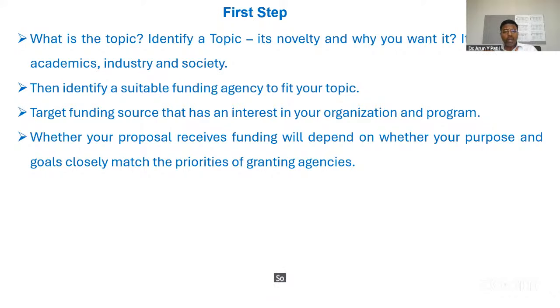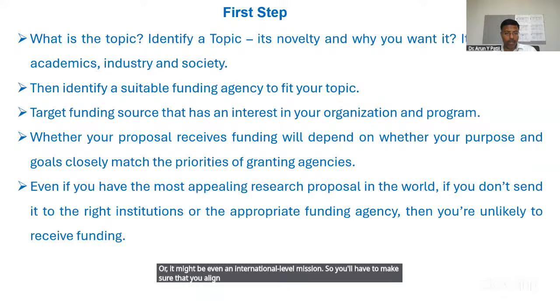Whenever you are drafting, at the outset, you have to understand the aim and goal of the proposal you are drafting. It should straightaway culminate into a national level mission, or even an international level mission. So you have to make sure that you align with that requirement.